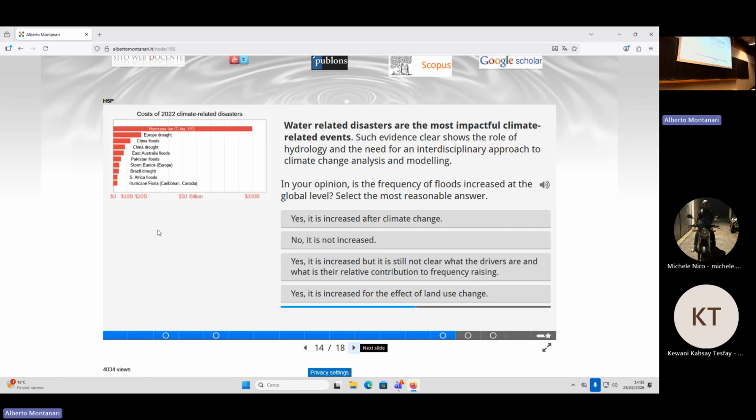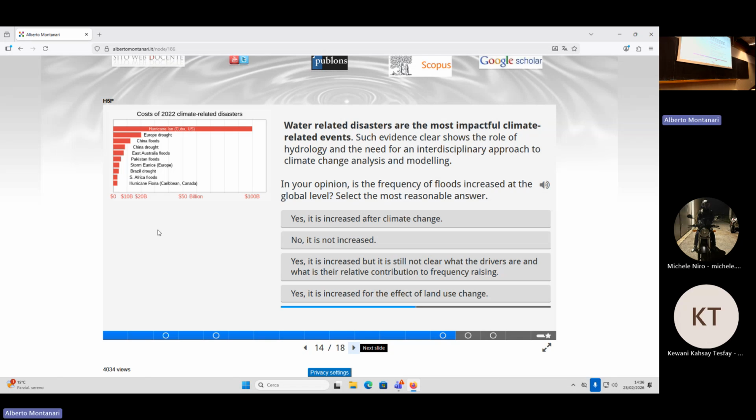The first position is held by the hurricane that occurred in Cuba, Hurricane Ian, Cuba and the United States, and then there is the European drought, floods in China, a drought in China, and floods, etc. Basically, what you see is most of them are related to water.